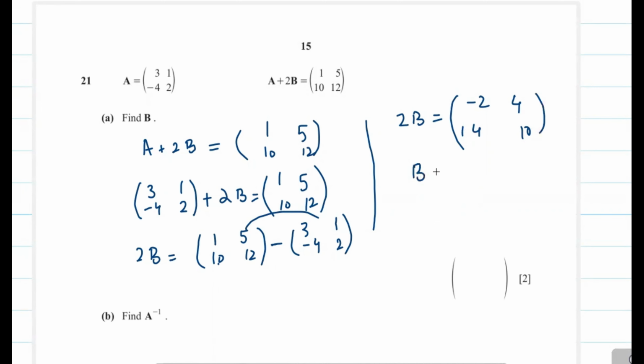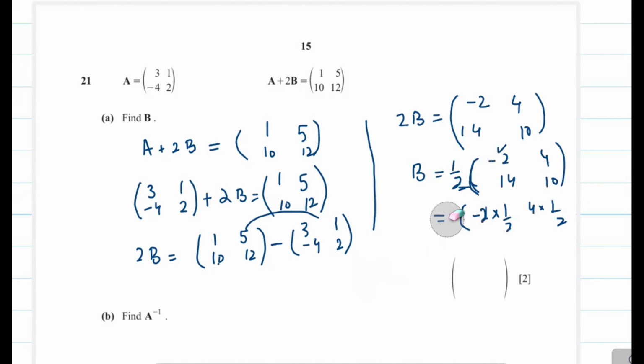And B will be equal to 1 over 2 into [-2 14; 4 10]. And that becomes, when you multiply each member of the matrices, minus 2 multiply 1 over 2, that's equal to minus 1. 4 multiply 1 over 2.